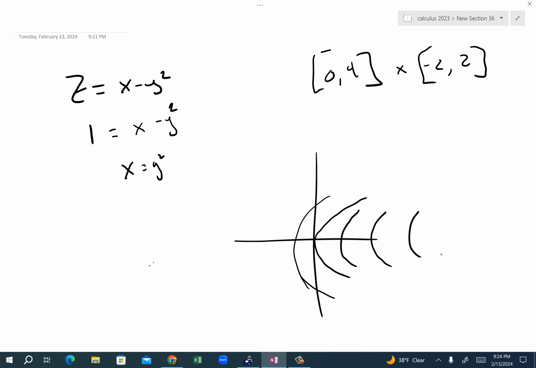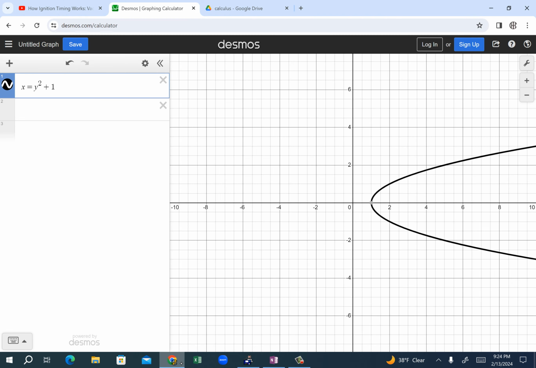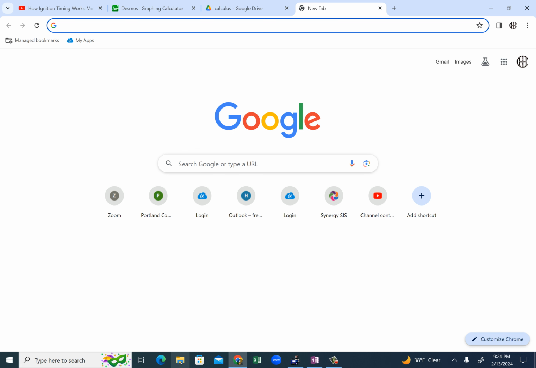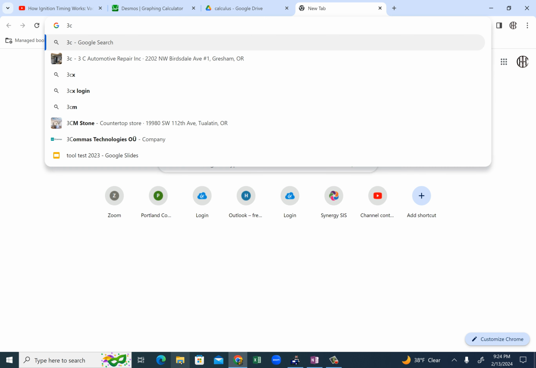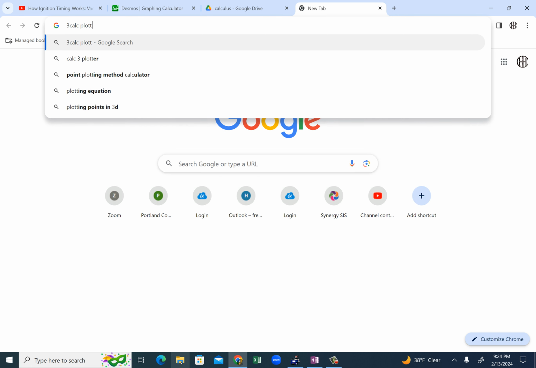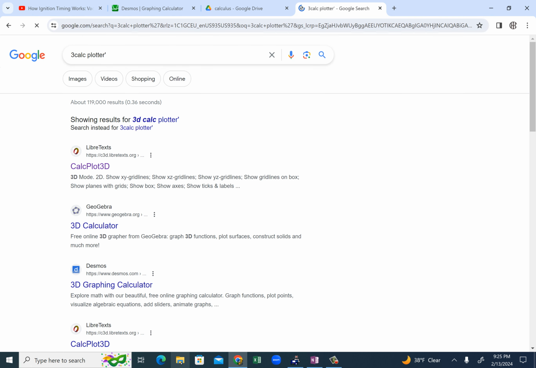Now, that's how I would go about doing it, okay? And again, you can graph this in the 3D Calc Plotter, if I can get it up here real quick, and have that help you. Again, I think it's nice to be able to do both: do it by hand and on here.